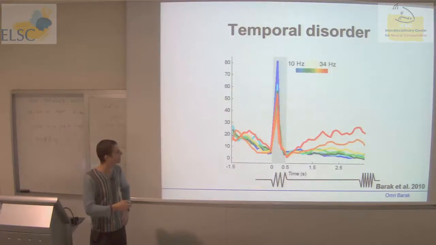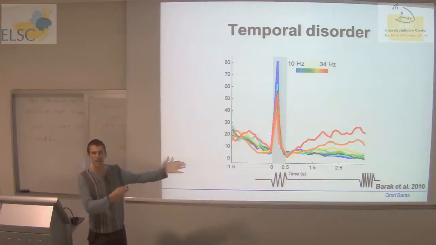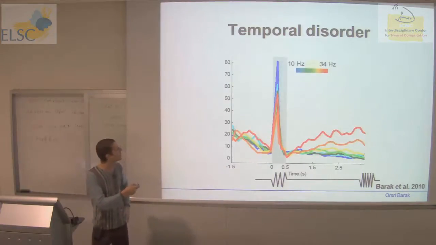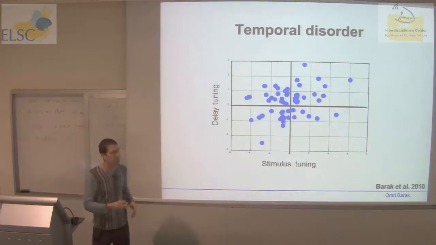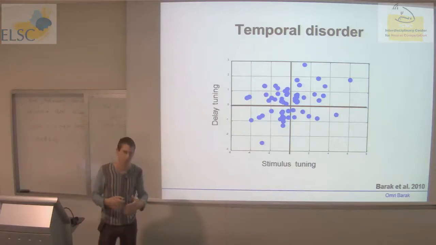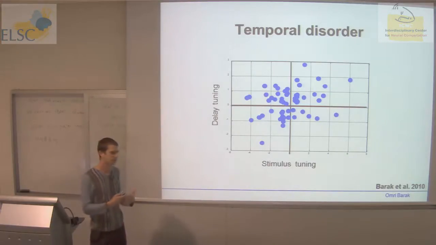They are now plus neurons. And of course, you can say, okay, this is my typical neuron that I chose because it does this. But if I plot all neurons that have a significant tuning here and here, then the stimulus tuning and the delay tuning are very weakly correlated. So it seems the rule is that things are not kept constant across time.